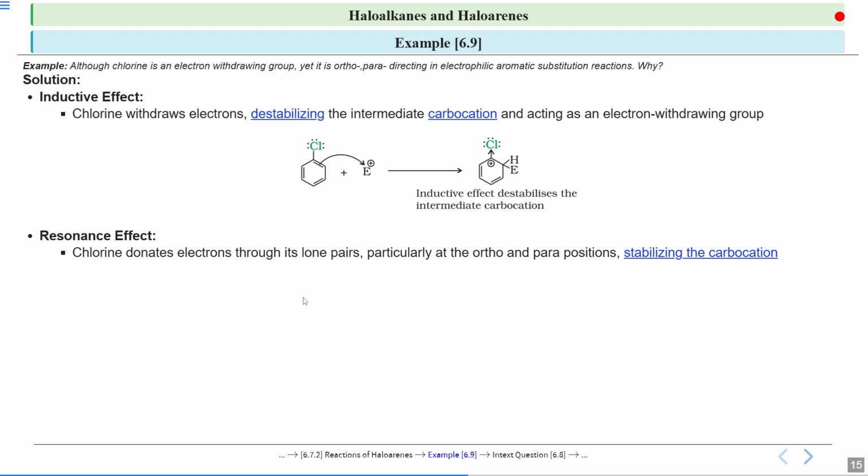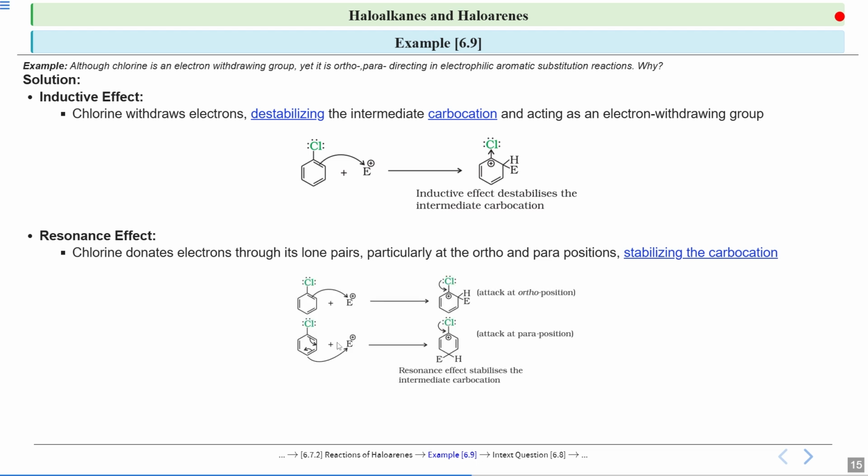And through this, it is stabilizing the carbocation. So what we are saying is, let's say we have chlorobenzene, when the electrophile attacks on the ortho position, the carbocation will form, okay, when the attack is at the ortho position.